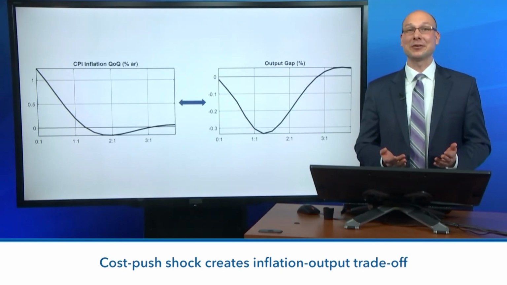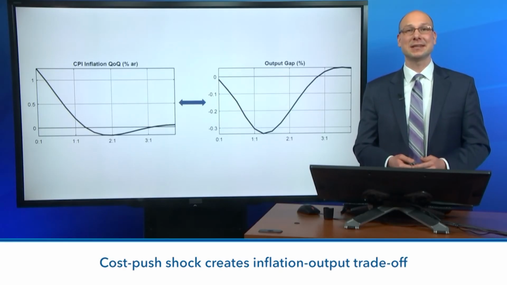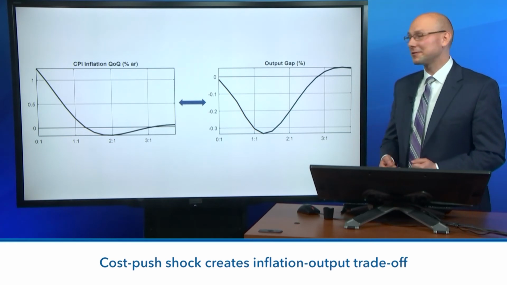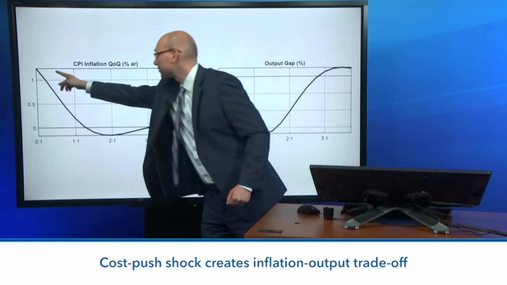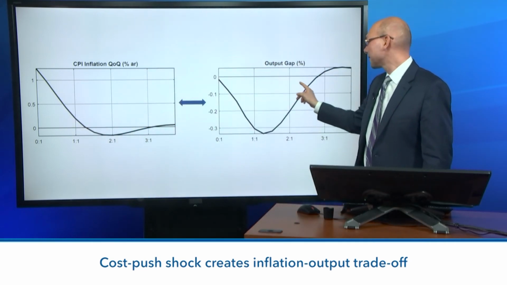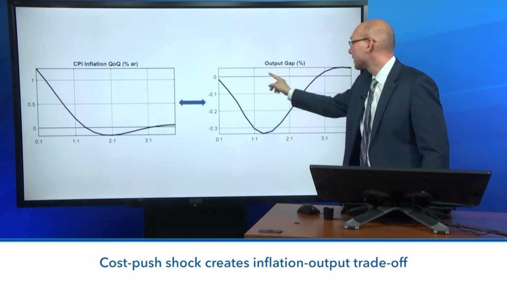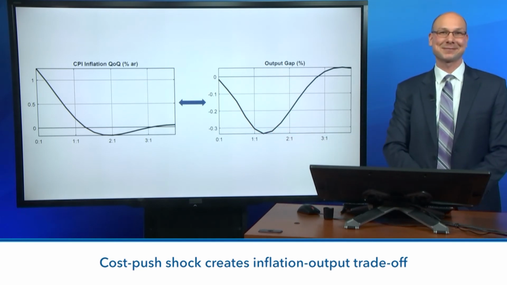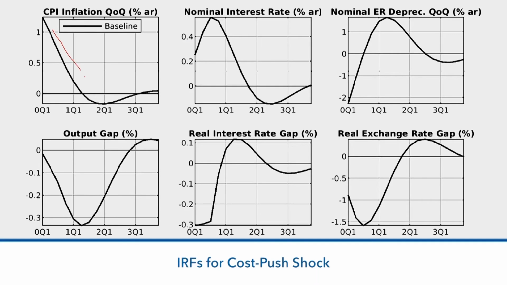Notice that the cost push shock presented a difficult trade-off for the central bank. In order to return inflation to target, it had to engineer a temporary slowdown in economic activity. As inflation gradually returns to target, the central bank can reduce the interest rate back to its neutral level according to its policy rule.